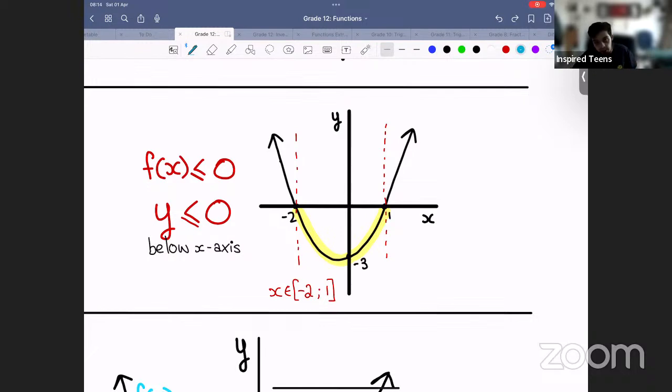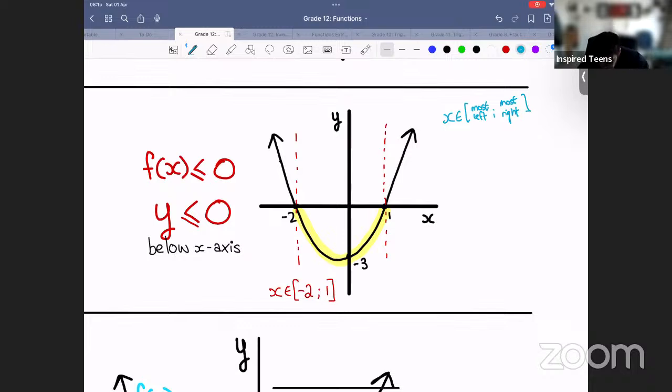I've highlighted it, and I now need to express this in terms of x. And again, remember, x is an element of, include or exclude, whichever, your most left value and your most right value.